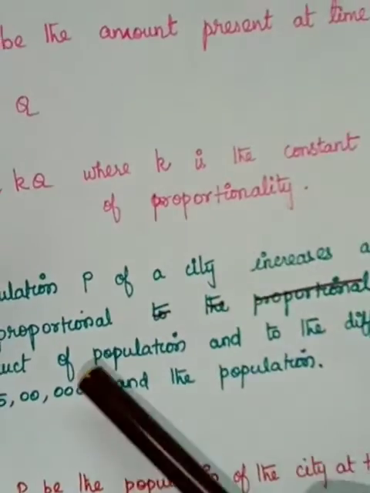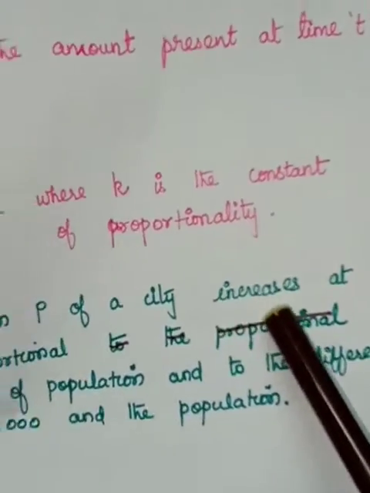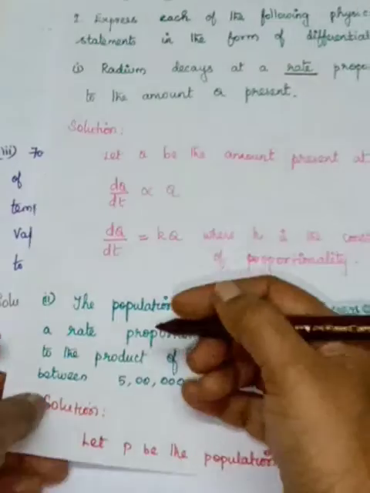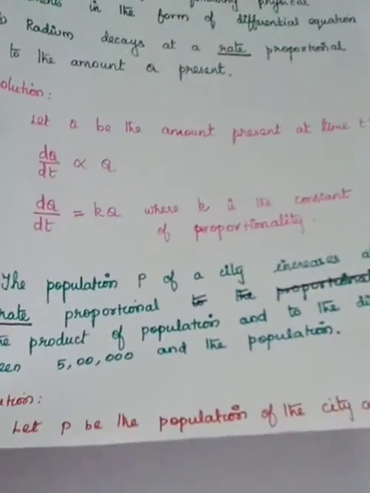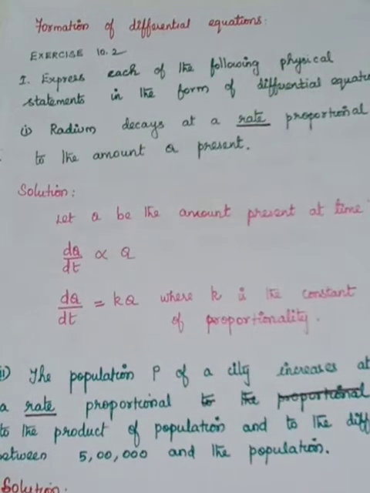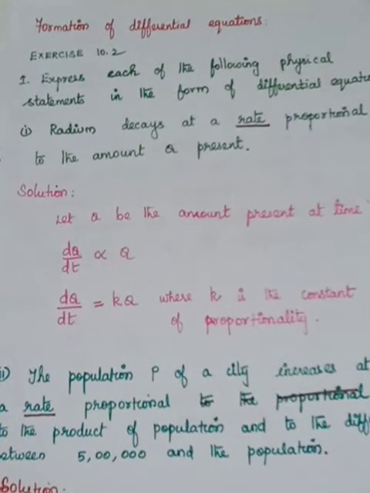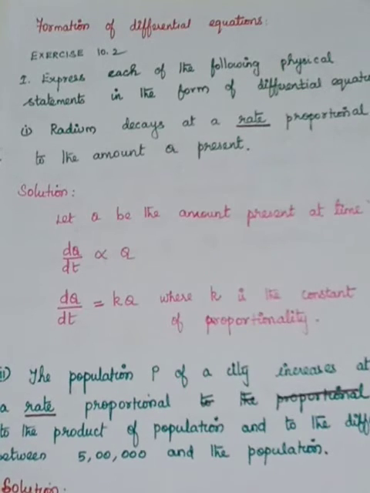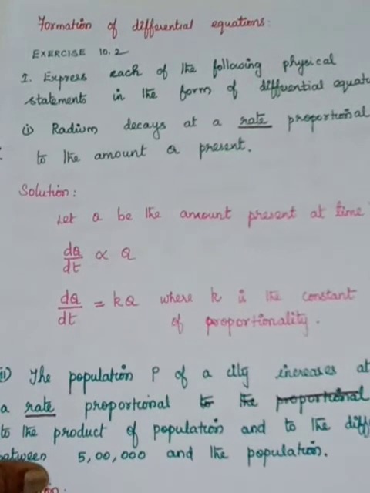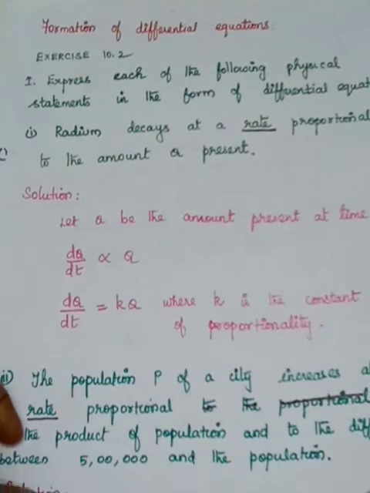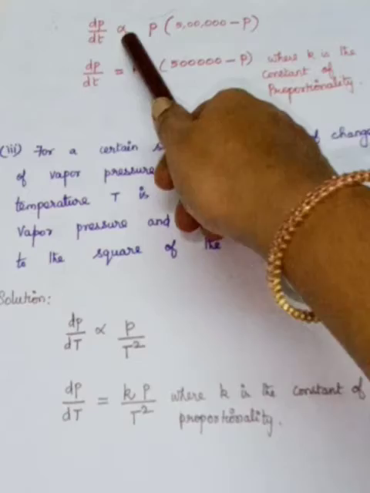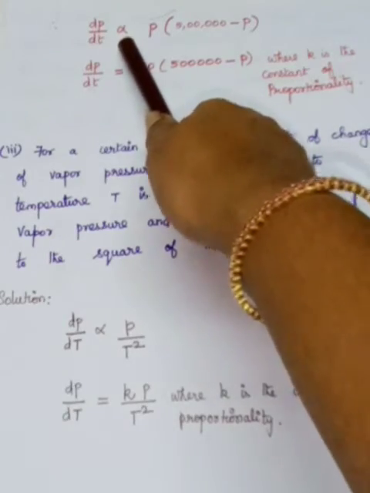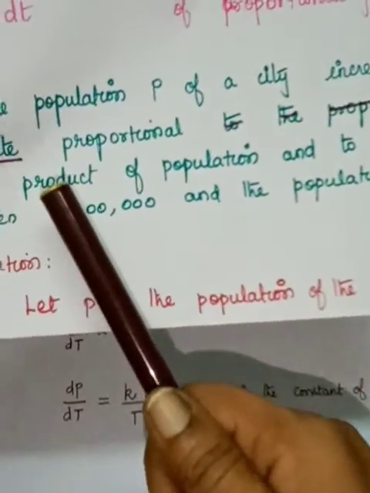Okay. So, see now, here the population P of a city increases at a rate. So, which word is important? Rate. That is rate of change of population, or the rate of increment in the population. So, therefore, it is nothing but, what is it? It is dP by dt. It is proportional. So, here the symbol is used, proportional to the product.